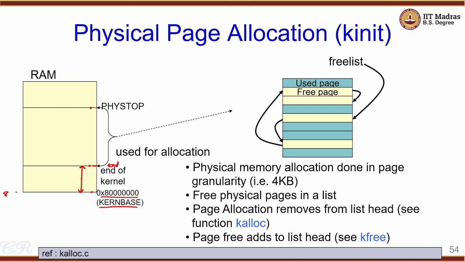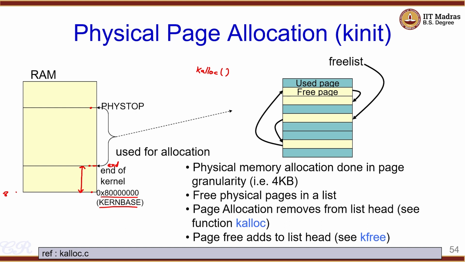Every time it wants to allocate a particular page frame, it will invoke a function called kalloc in xv6. kalloc would pick up one of these page frames from this set of 4 KB frames, right? And now this page frame can be used either by the kernel or for a user program.